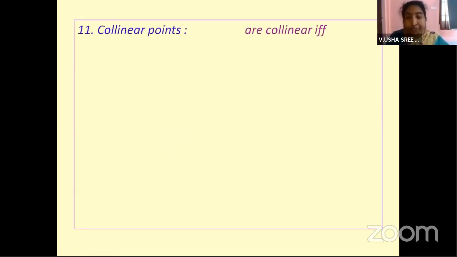Now, you are very familiar with collinear points. What are collinear points? If three or more points lie on the same straight line, we say the points are collinear, isn't it?